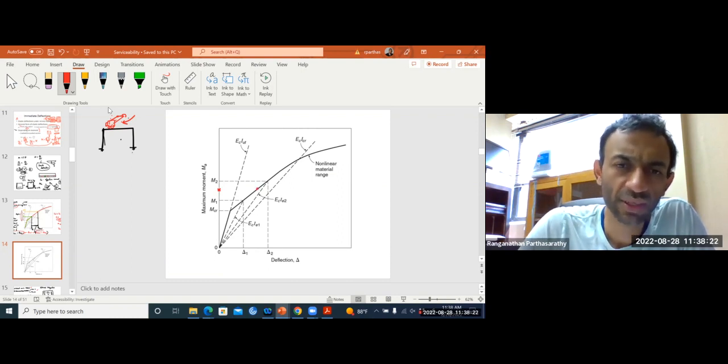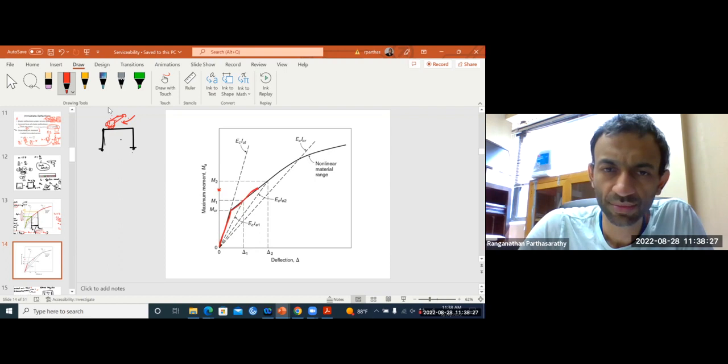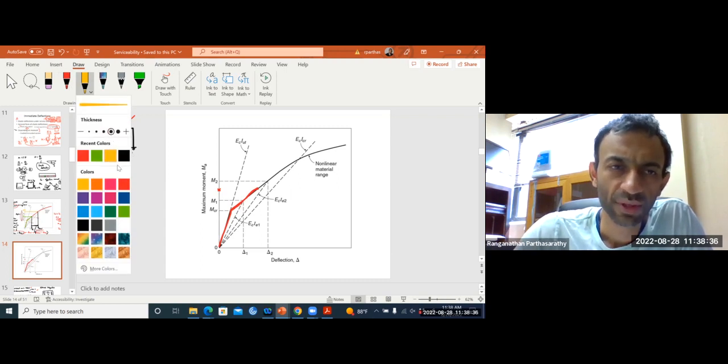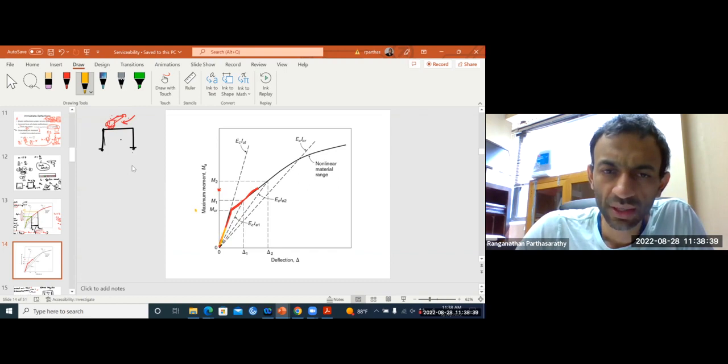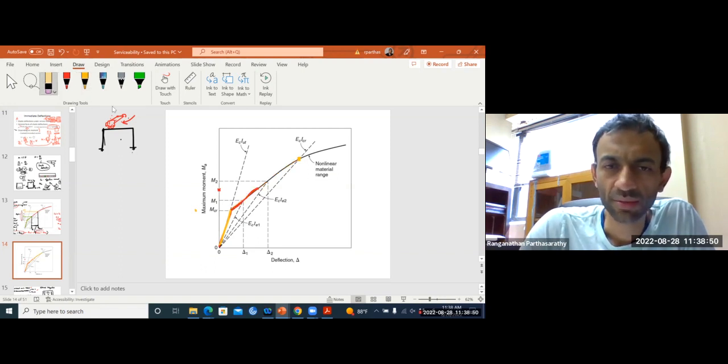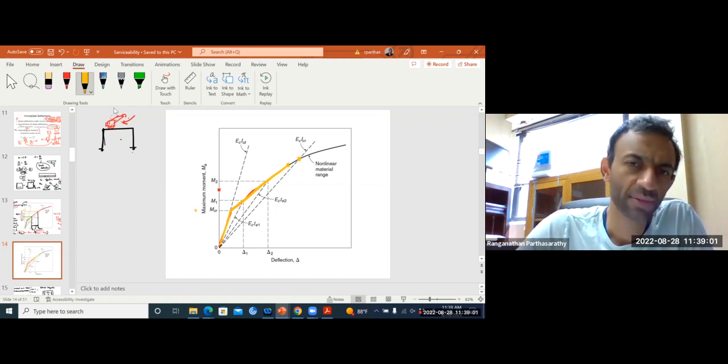But in this particular case, we cannot approach this point along this loading path, because when the heavy equipment came in, the structure already went to some faraway point, let's say somewhere there. And then it came back.